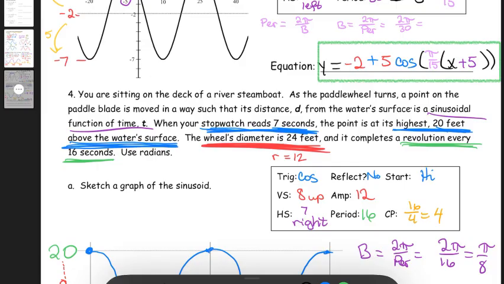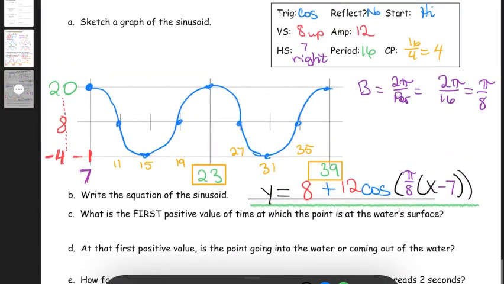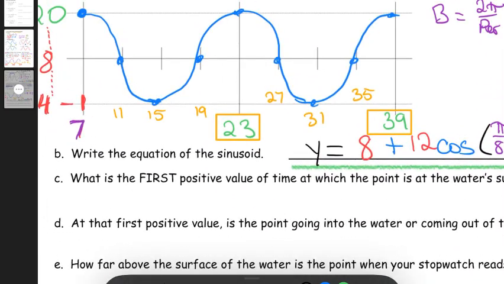So we want to take a look at question C. What is the first positive value of time at which the point is at the water's surface? The water height is the y value. So we're going to make y2 equals 0, and we're going to find the intersection.